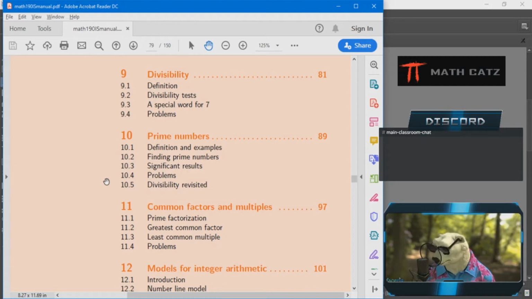Then for the common factors and multiples, we're very much, in concept at least, at an elementary school level where they would make lists of factors and find the greatest common factor. Lists of multiples, find the least common multiple.